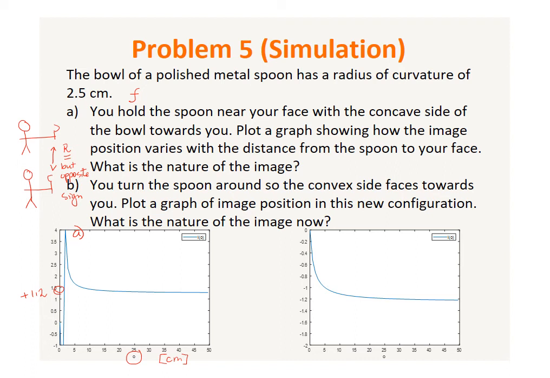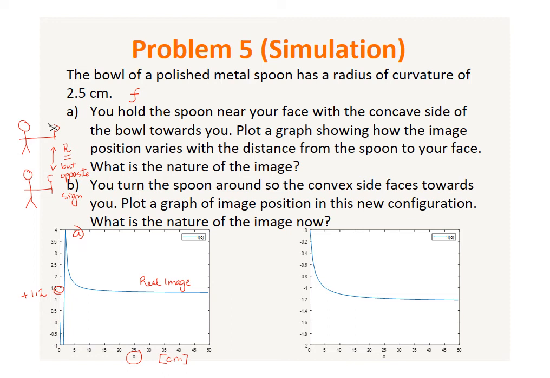So this positive sign indicates that this is a real image. So the rays are actually converging on a real point, about 1.2 centimeters away. So if you had something small, you could put it in there and you could see a tiny little image.